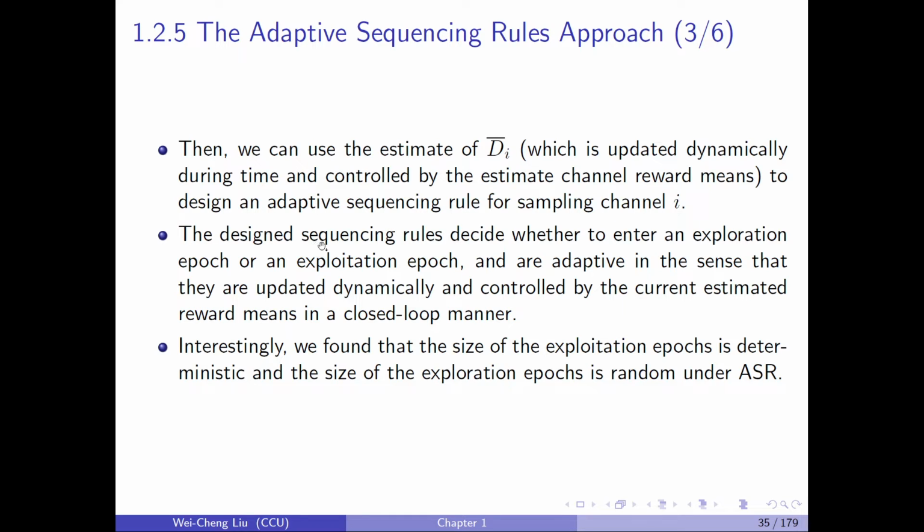The designed sequencing rules decide whether to enter an exploration epoch or an exploitation epoch, and are adaptive in the sense that they are updated dynamically and controlled by the current estimated reward means in a closed-loop manner. Interestingly, we found that the size of the exploitation epochs is deterministic, and the size of the exploration epochs is random under ASR.